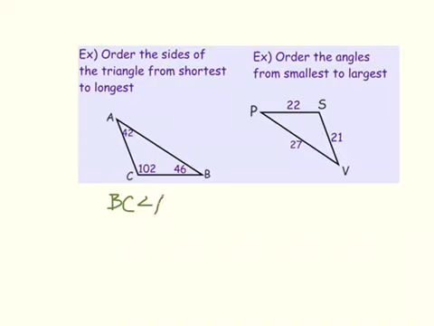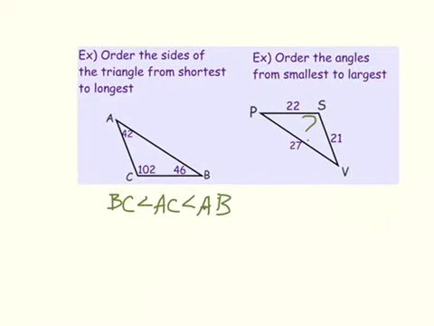So BC is less than AC, and both of them are smaller than the third side, which is the largest side, opposite the largest angle, which in this case would be AB. And guess what? I want you to do this last one here. Do it just like I've done it right here, except you'll be finding the measurement of the smallest angle to the largest angle.